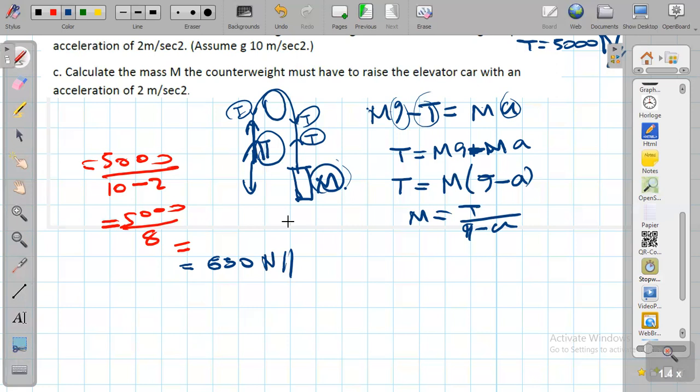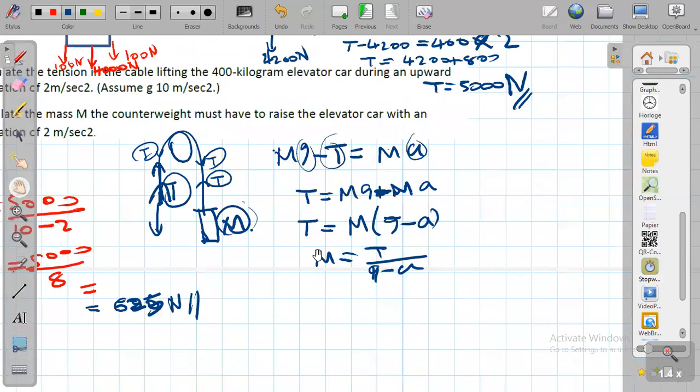Guys, did you get this answer? 650. Yes, it's 25, not 50, because the remaining 200 divided by 8, yes, 625. Your answer is right. 625.